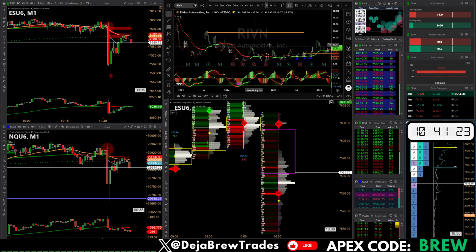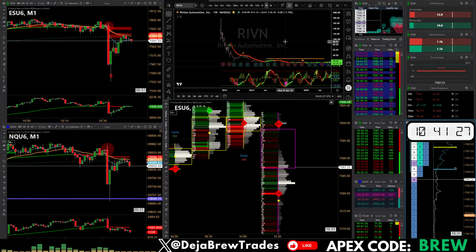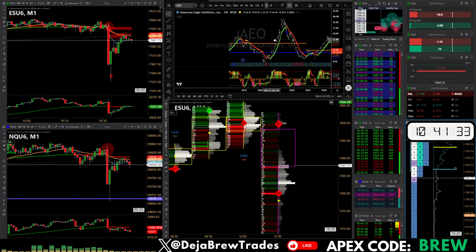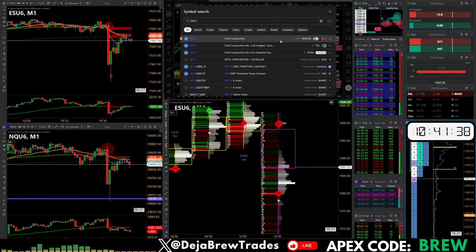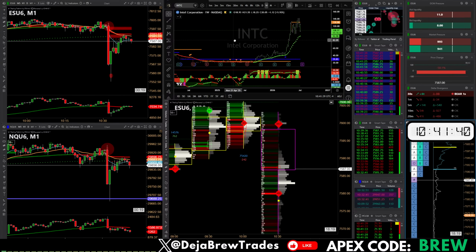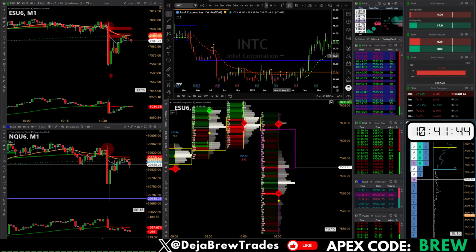Rivian is doing it. So Rivian's in that pattern. I mean, there's just so many. I'm not going to go through all of them. But we traded it on American Eagle. They were doing it as well. We traded it on Intel, which I don't want to talk about because we sold that way too early. That one was brutal. We bought Intel around the 20s.